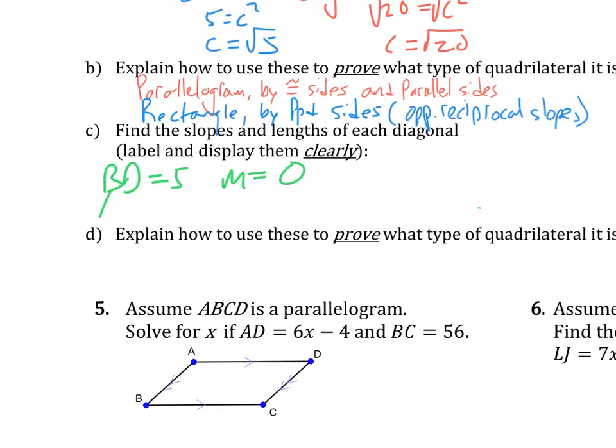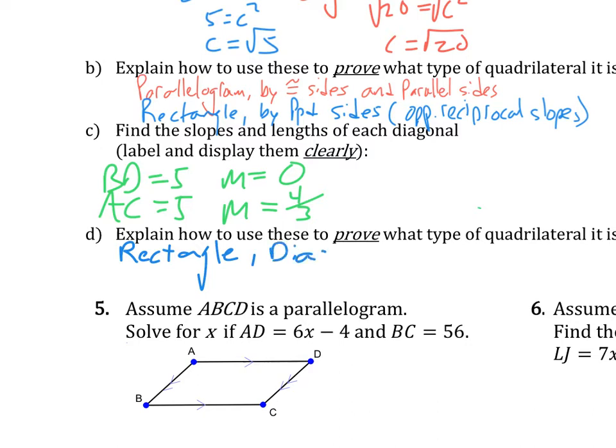And for the other one, AC, its length was 5, but the slope was 4/3. Okay, so what does that tell us? First of all, the diagonals are congruent, so that means it has to be a rectangle. Okay, so it's a rectangle, because diagonals are congruent. Again, we just found the same answer 2 different ways.